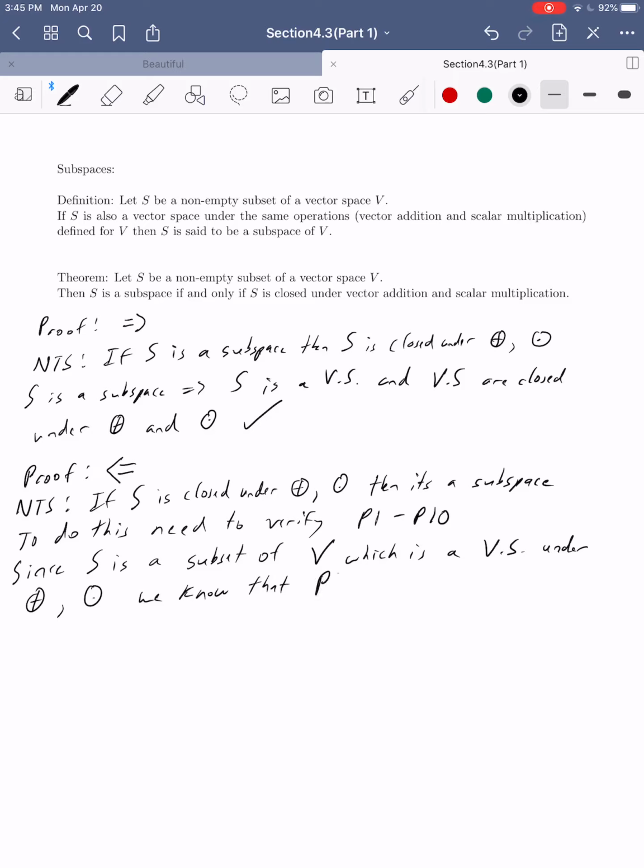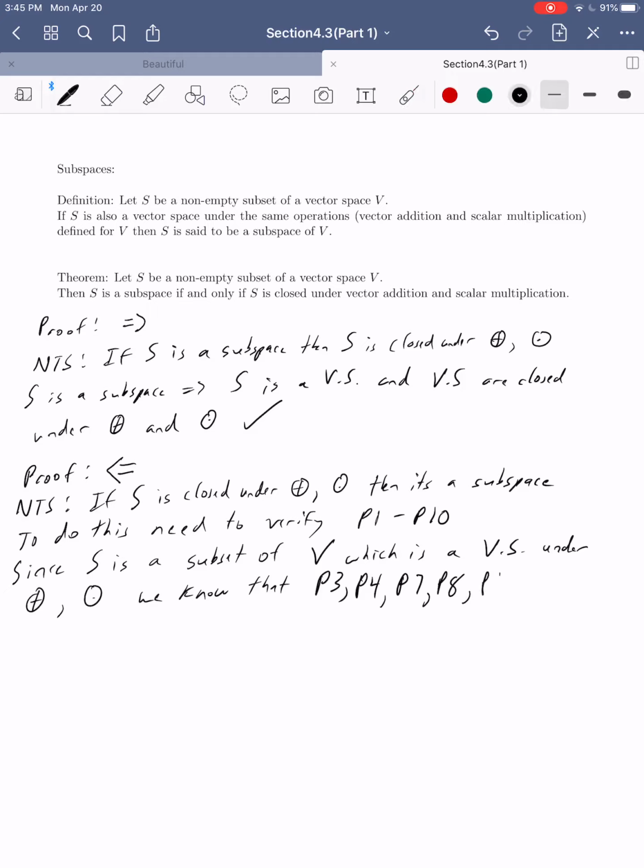So we know things like property 3, which is that this guy is commutative, will be true. We know P4, that this guy being associative will be true. We know things like the unit property, P7, for scalar multiplication will be true. We know that P8, the property of associativity of scalar multiplication will be true.